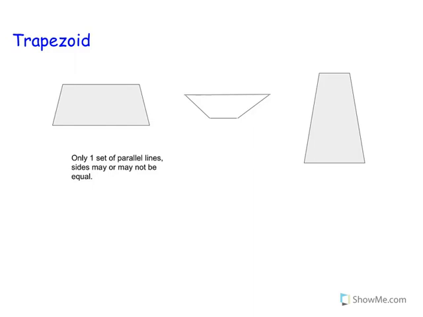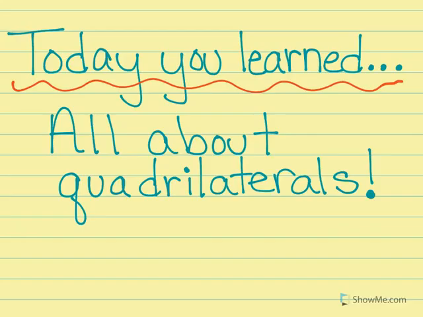Only one set of parallel lines, sides may or may not be equal. So the trapezoid is kind of what we call all other quadrilaterals, besides squares and rectangles, rhombuses, and parallelograms. Sad. All right, today you learned all about quadrilaterals.